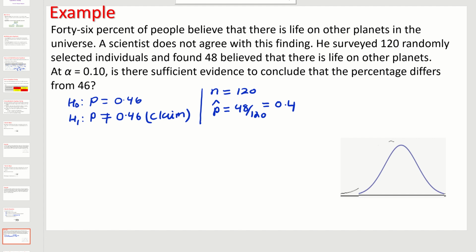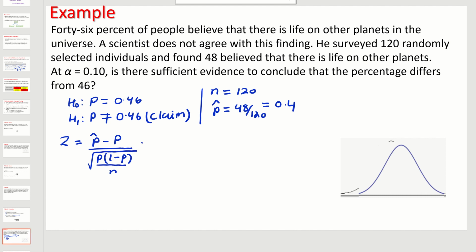Now, if we want to test the claim, we need to find the z-score. And we know that the z-score is equal to p hat minus p divided by the square root of p times 1 minus p, all divided by n.